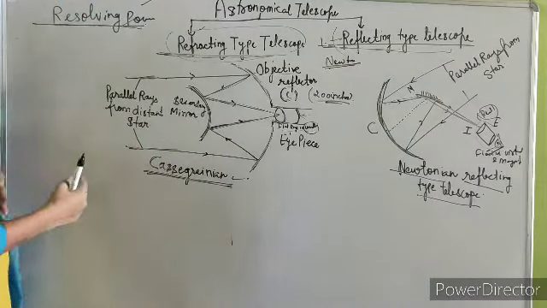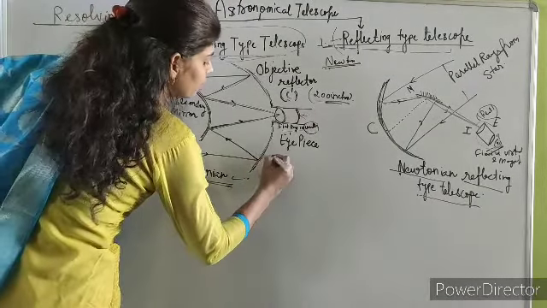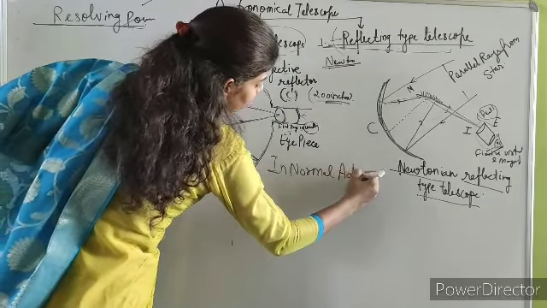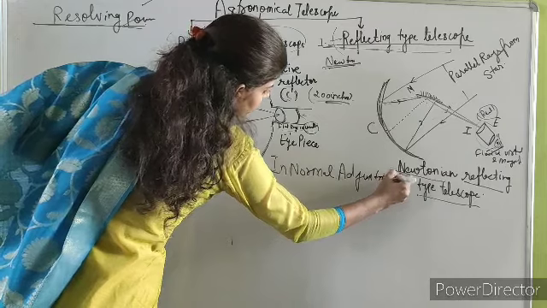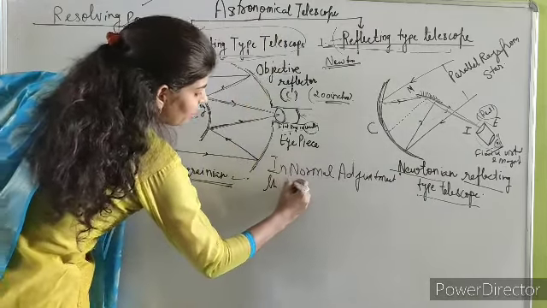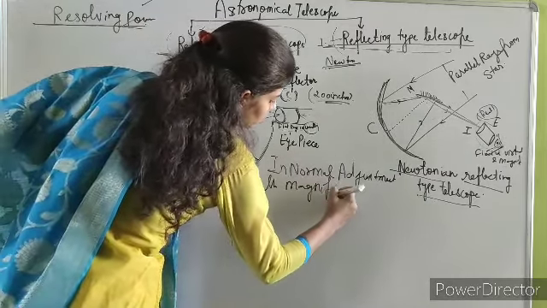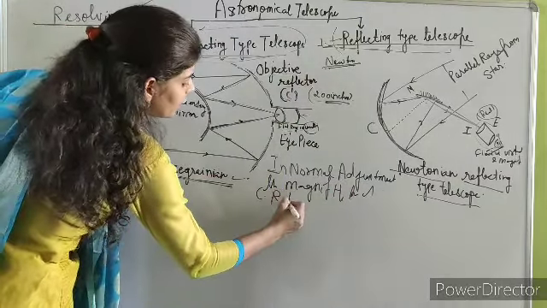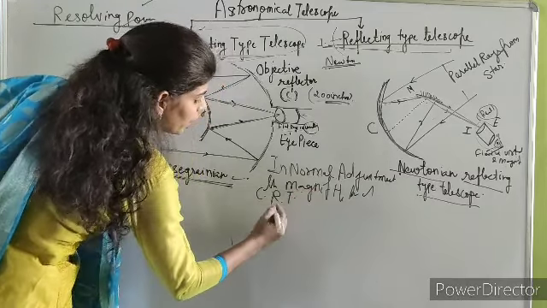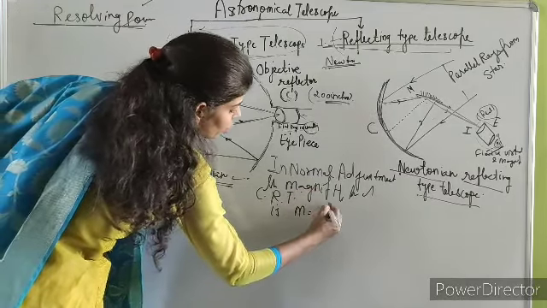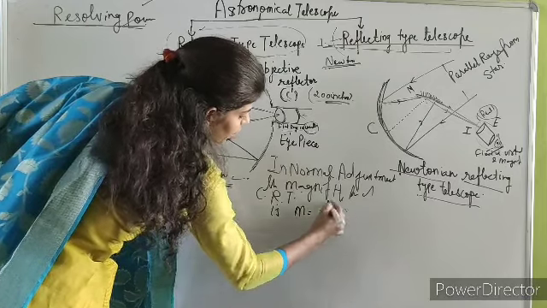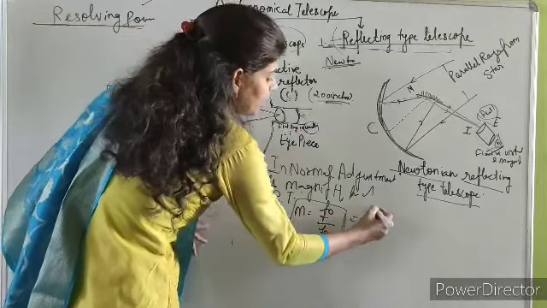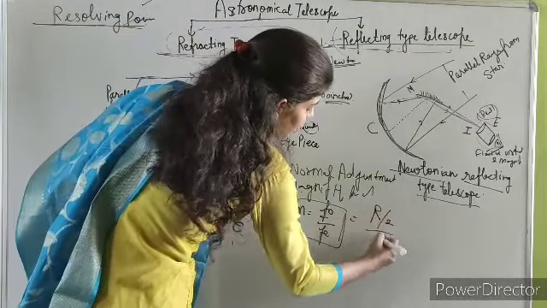So here we study one more thing. In normal adjustment, the magnifying power of the Cassegrainian reflecting type of telescope is given as M equals FO over FE, and FO can be replaced by R by 2, so M equals (R/2) over FE.